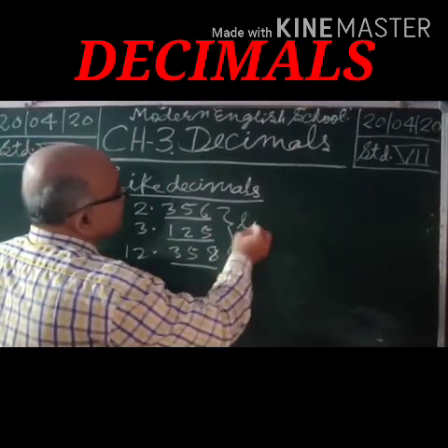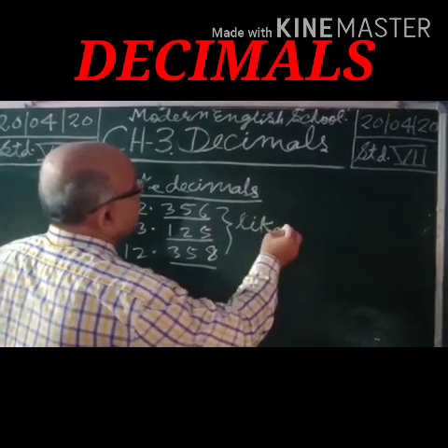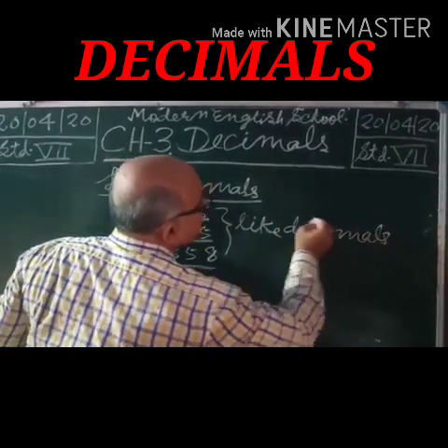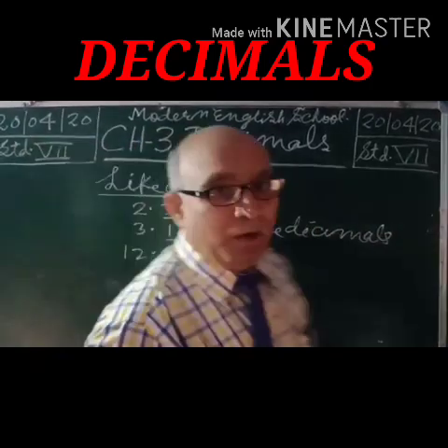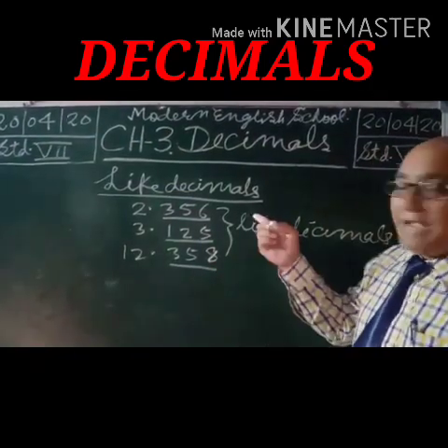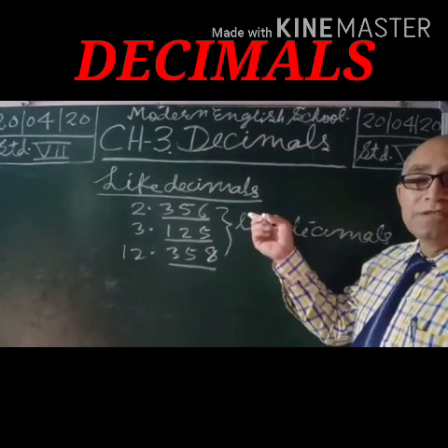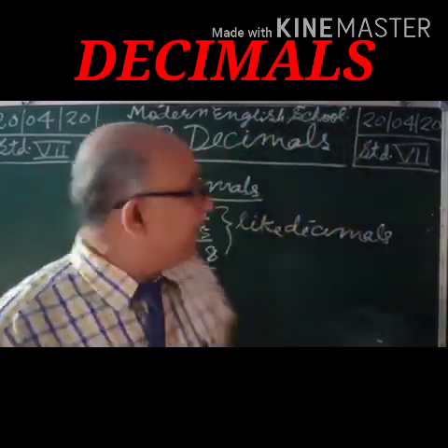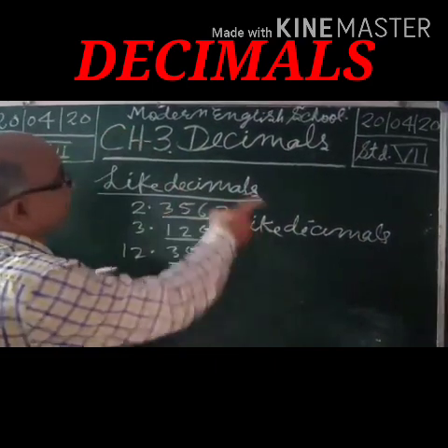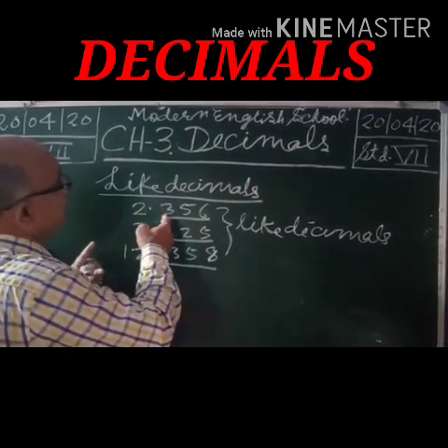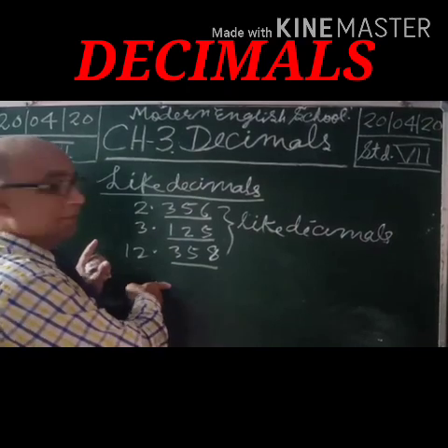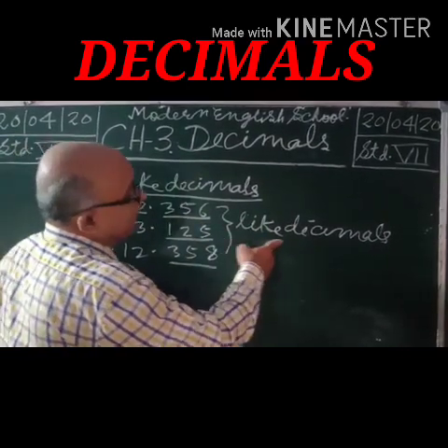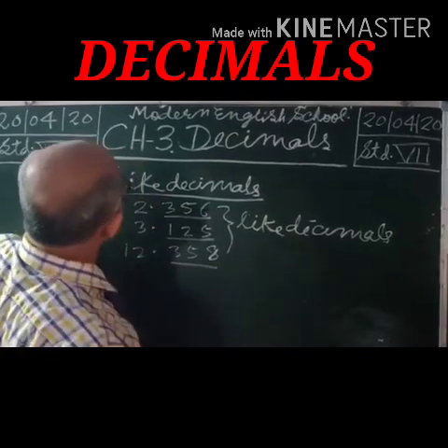So these are the examples of like decimals. Decimals having the same number of decimal places are called like decimals. Example: all decimal numbers have 3 decimal places, so these are the examples of like decimals.